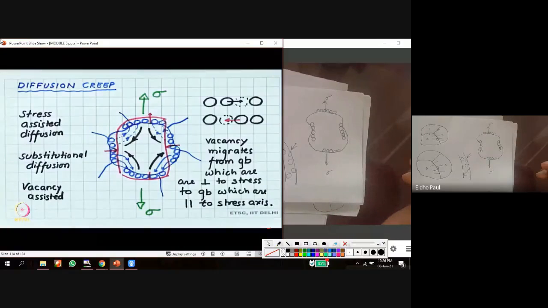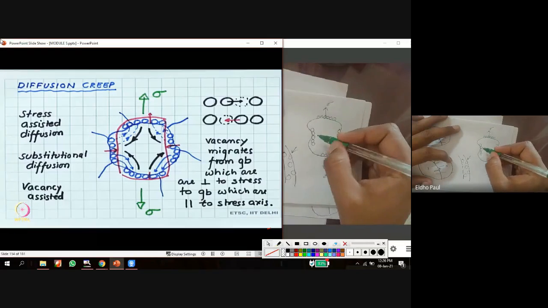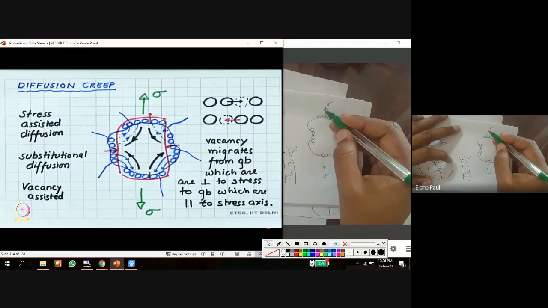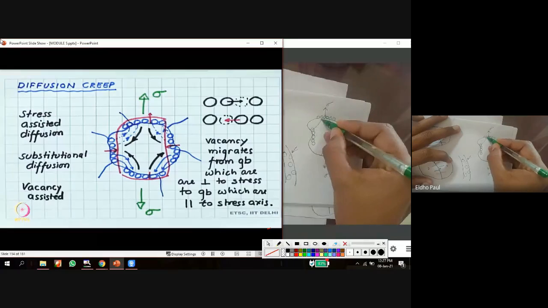So during creep deformation, when we apply the stress, there will be movement of these atoms from this area, that means the atoms in the direction of stress, from this position to this position.